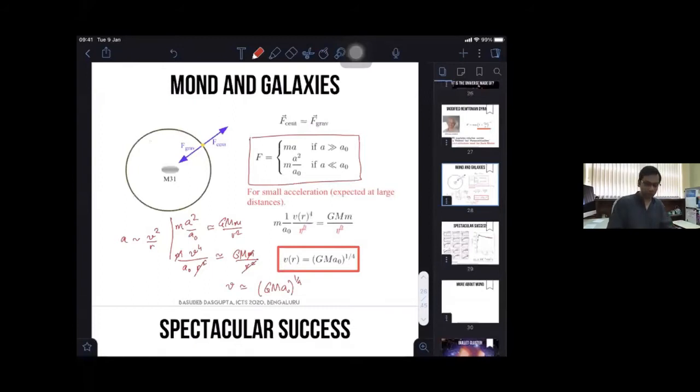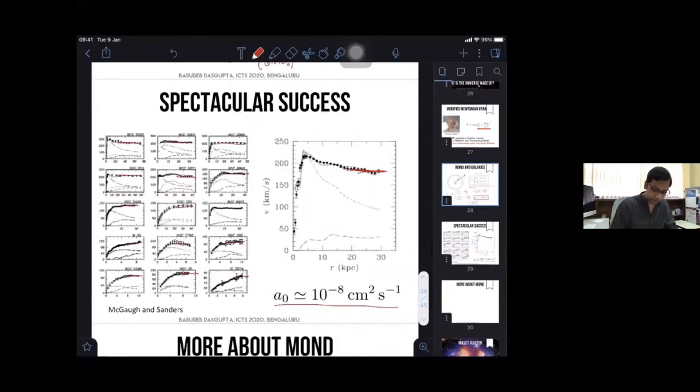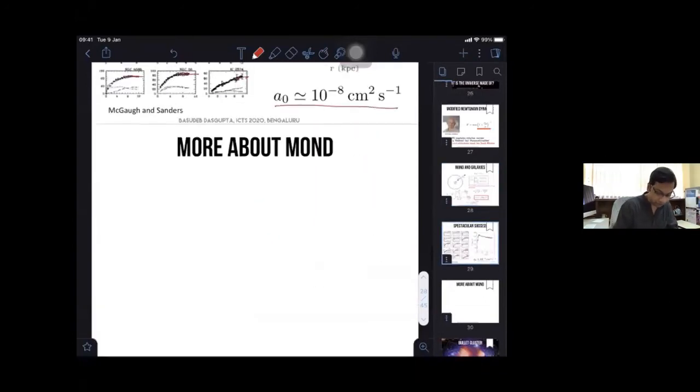Everything is fine here, there's no correction, but one thing I forgot to mention is that this makes the equation nonlinear, because if I write it properly in the notation that we are more familiar with, F is m times d²x/dt², and on top of that, I have to square it and multiply by 1 over a naught. Now this is a very weird equation, right?